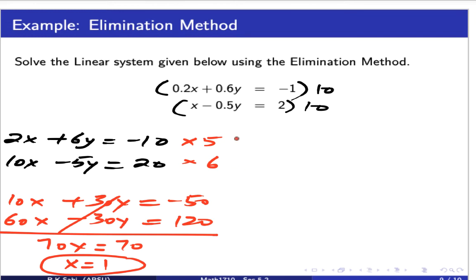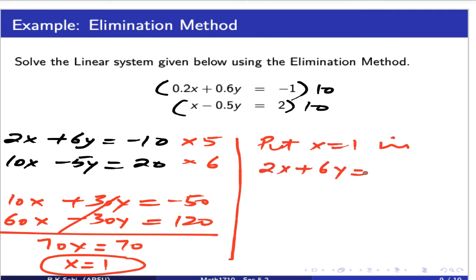Okay, now we can put x equal to 1 in either one of them. So I'm just going to put it in the first equation, 2x plus 6y equals negative 10. Mind you guys, you can put it in any of them. It does not matter.